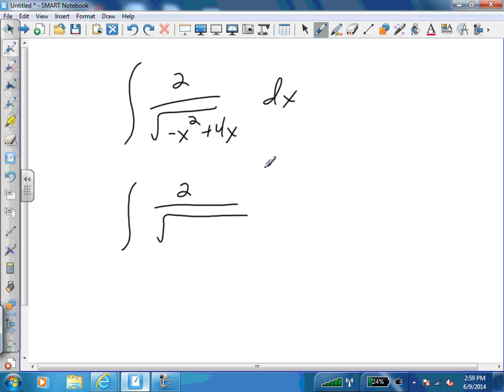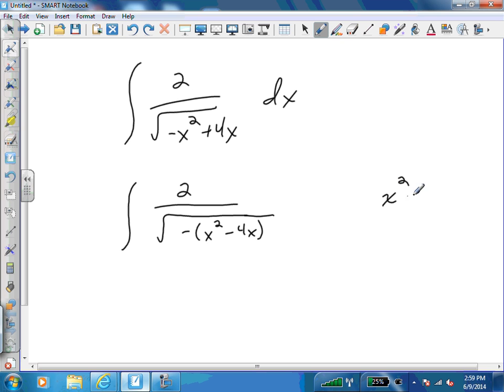So there are a couple different ways we can think about this. Let's do this. Let's factor a negative out so that our square is positive. And let's try to rewrite this as a perfect square trinomial.